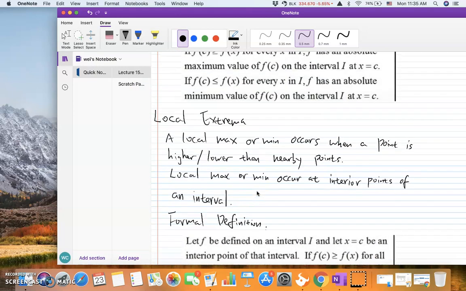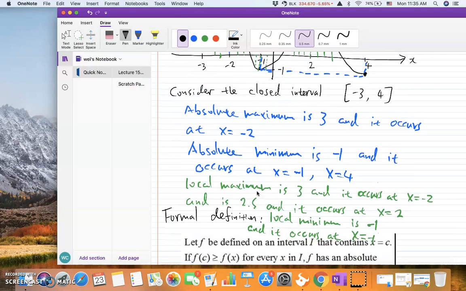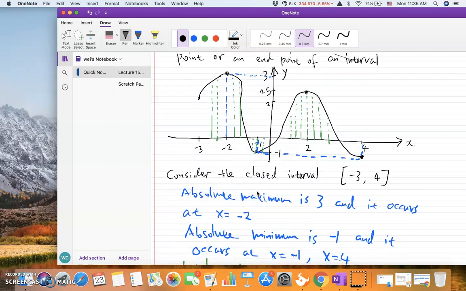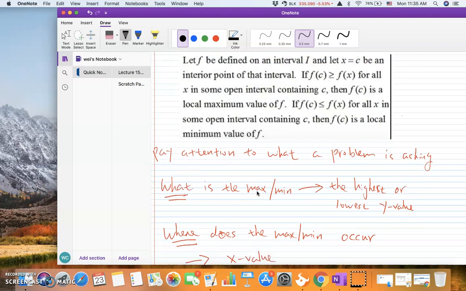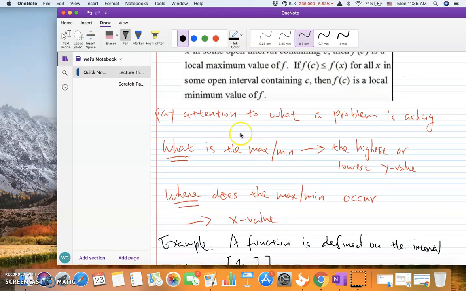Now, after we see the definition of absolute extremum and local extremum, I want to talk about a kind of mistake some students tend to make. That is, they are not sure what answers they are expected to put.